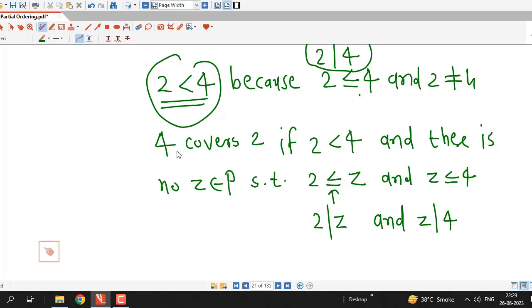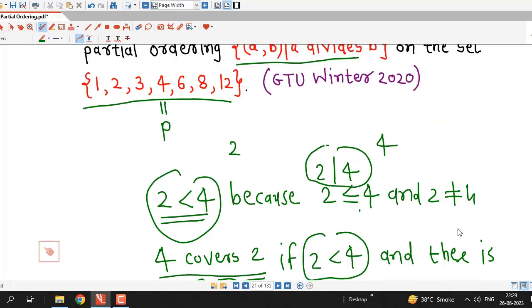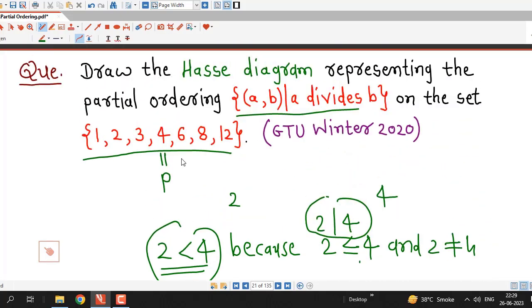So between 2 and 4 there should be no element z such that 2 divides z and z divides 4.